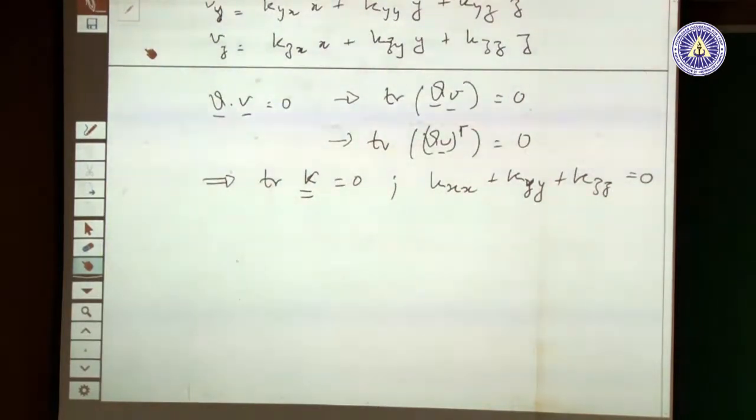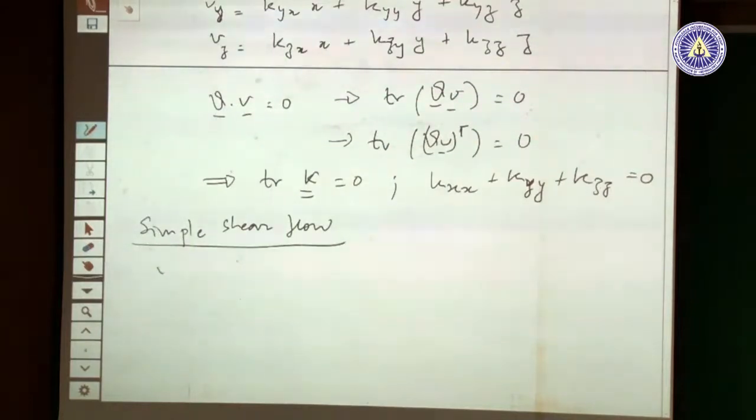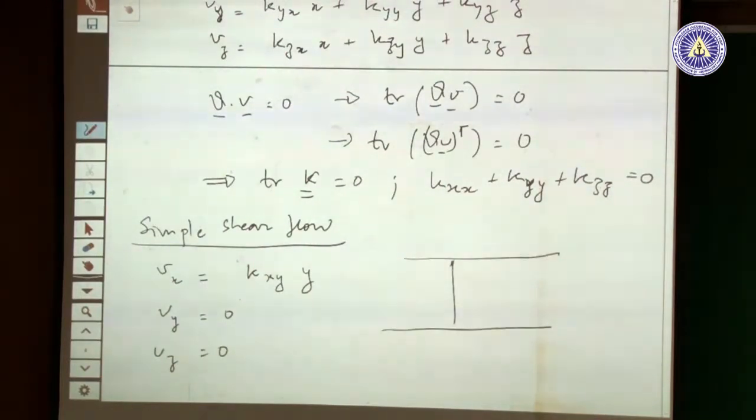Okay, let us look at some simple examples. So how does one define simple shear flow? It's defined as Vx is kappa xy y, that is gamma dot y, Vy is 0, Vz is 0. This is the flow where you have a flow field like this, right?